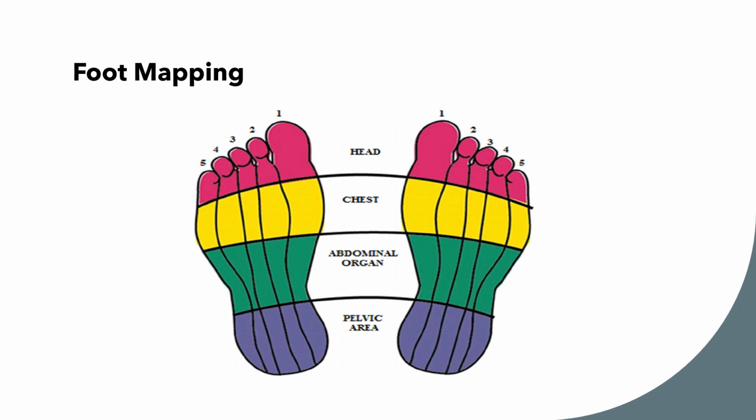And of course, the chart that we see here shows the transverse locations of the various reflex points, with the pink area representing the reflex points that are located in the head, the yellow for the reflex points located in the chest, the green for the abdominal organs, and then the pelvic area is represented in the purple on the heel.